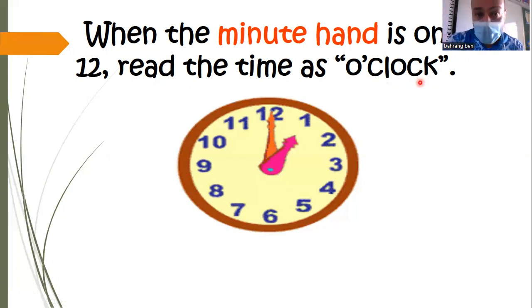O'clock. So when the minute hand, look at the picture, look at my pointer. When the minute hand of the clock is on 12, you read the time as o'clock.